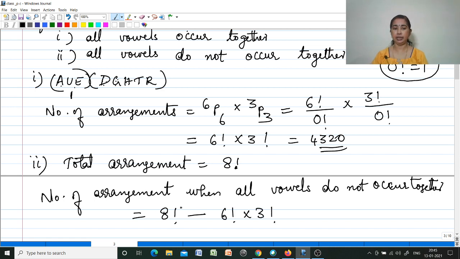So from the total arrangement, if you subtract the number of cases where the vowels are occurring together, we will get the remaining arrangements. So in the remaining arrangements, vowels do not occur together.